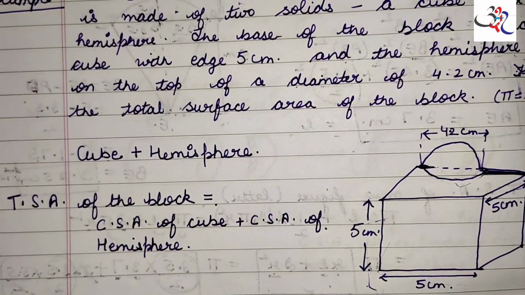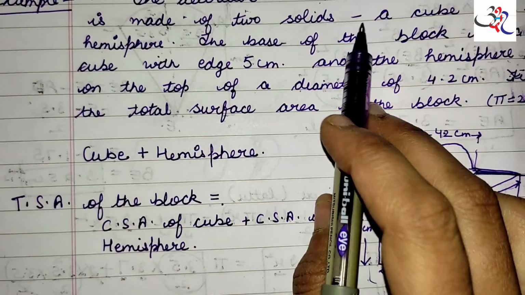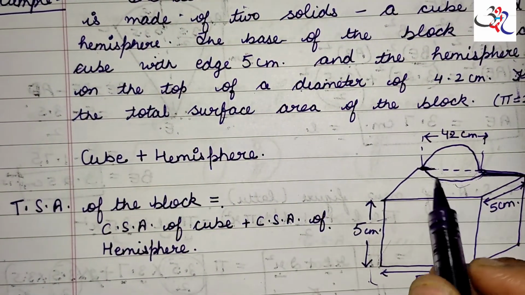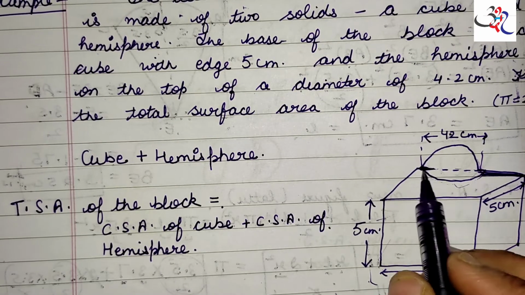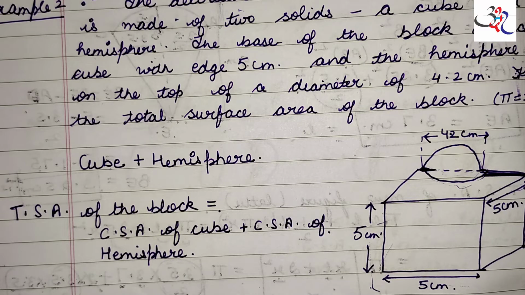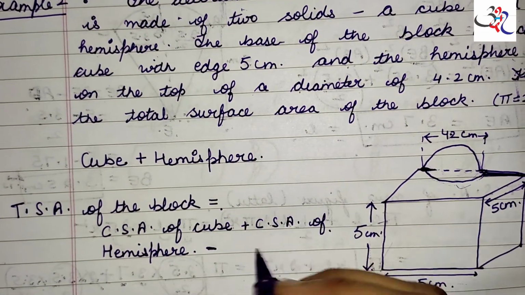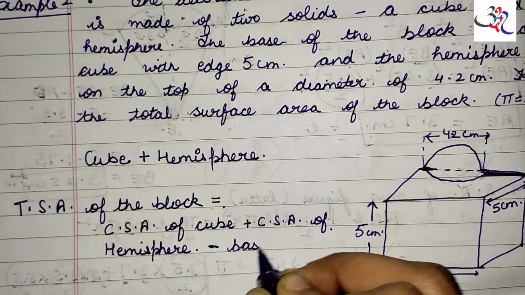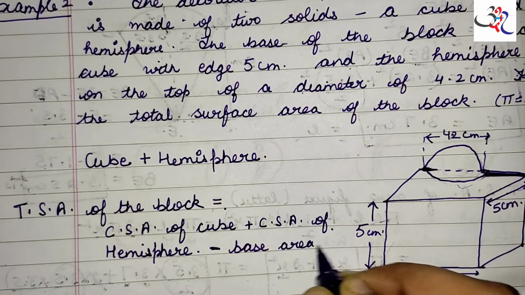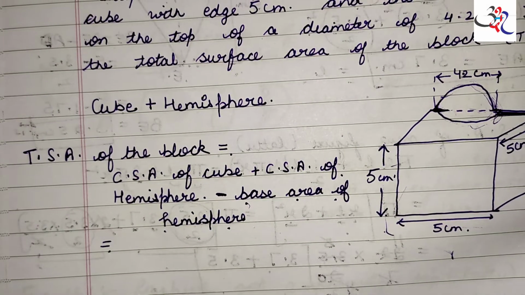But you can see very clearly from this figure that this is a decorative part. So what they have done, they have removed the base of the hemisphere and then put it onto the cube. So I have to remove the base area of the hemisphere. So now put the values and you will get your answer.